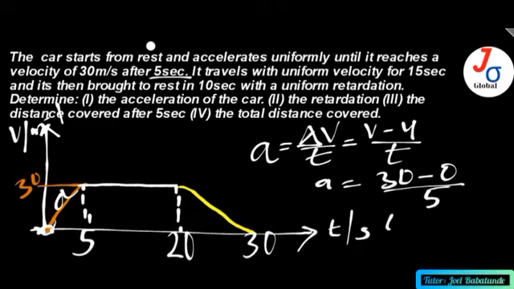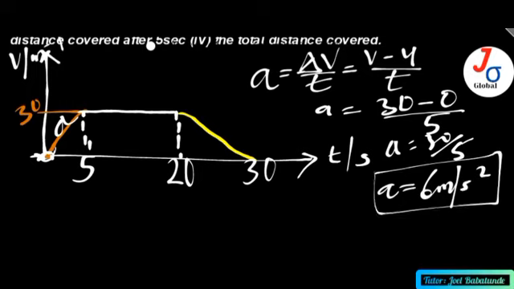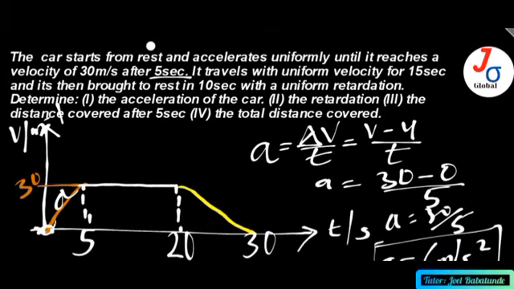So A equals 30 divided by 5, and that is 6 meters per second squared. That's the unit for acceleration, meters per second squared. So we've gotten that.